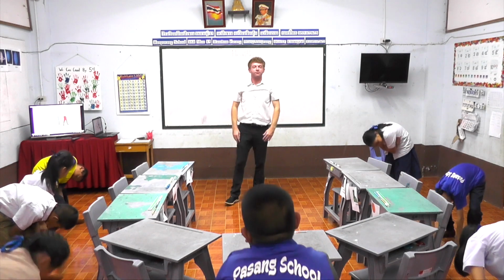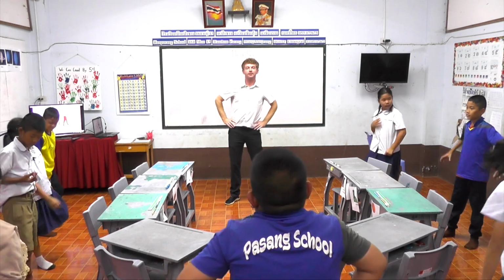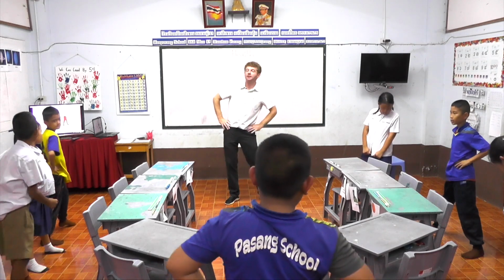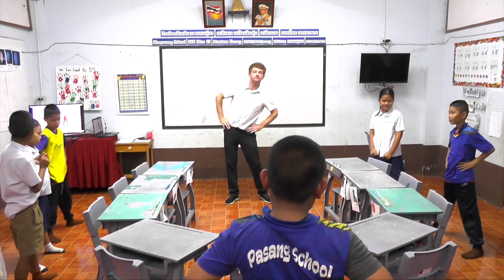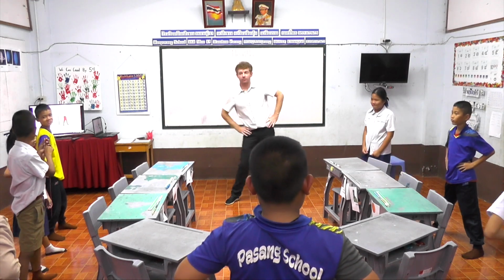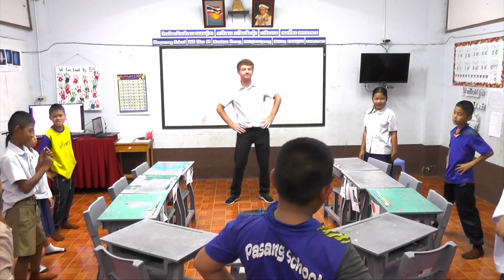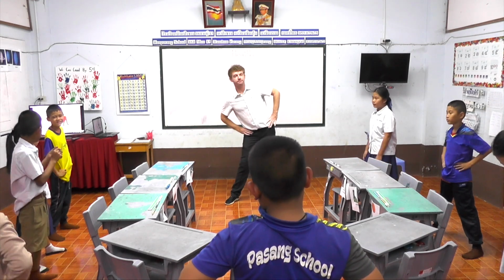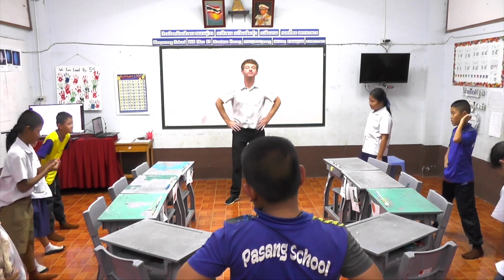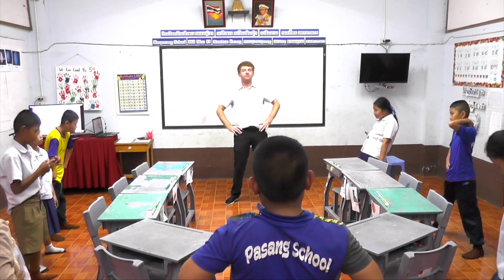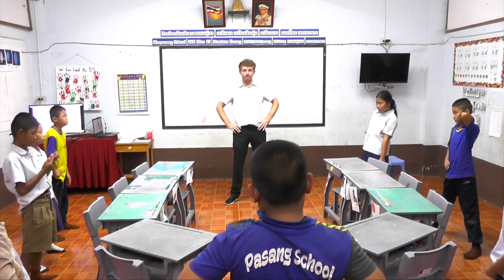And then let's stand up straight. Hands on hips, and we'll have a wiggle, side to side. Stop, and then another wiggle, side to side. Stop, forwards, backwards, forwards, backwards, and stop.